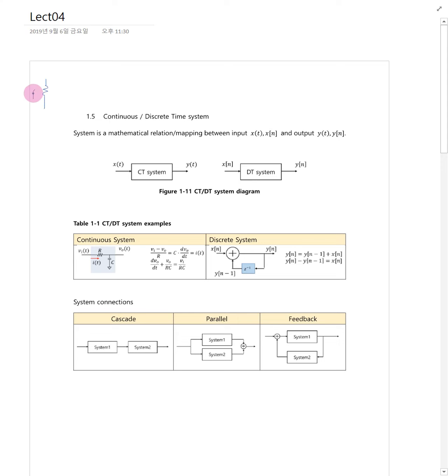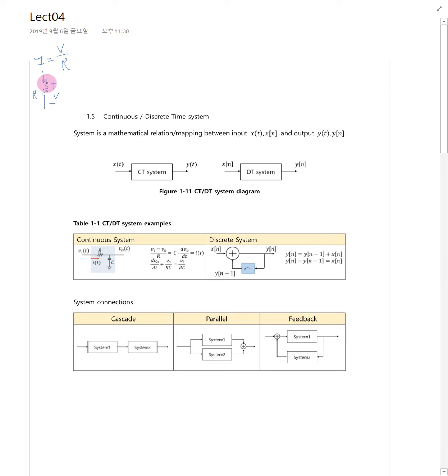If this is the resistor symbol, and we apply voltage V across the resistor, then the amount of current is proportional to the applied voltage. So we can describe that with this Ohm's law equation: V divided by R is the current. The amount of current flowing through the resistor is proportional to V, but inversely proportional to the resistance. So this is called Ohm's law.